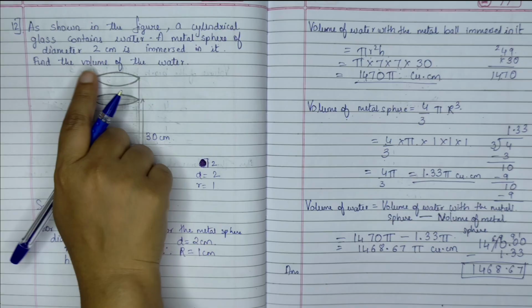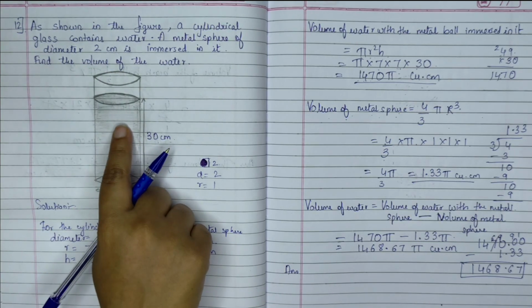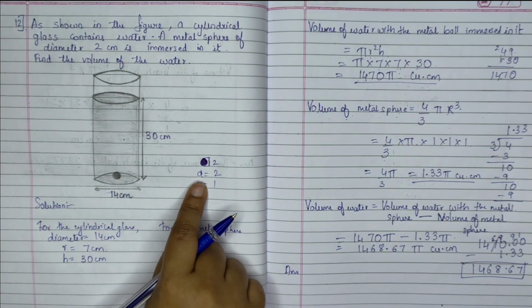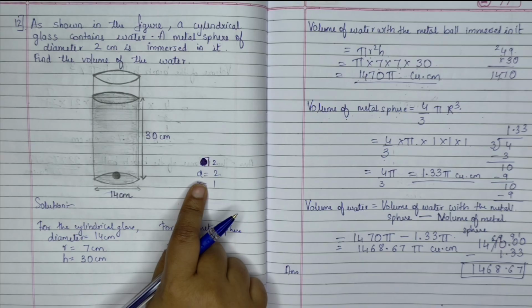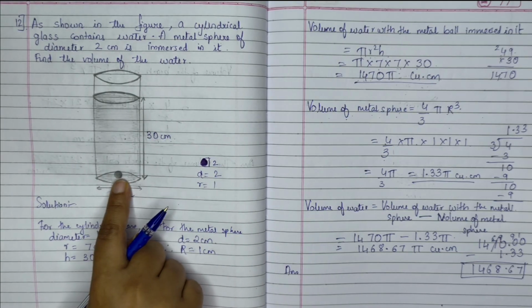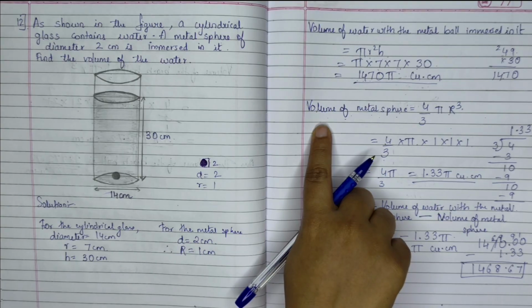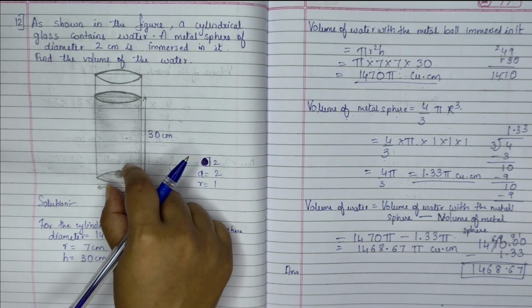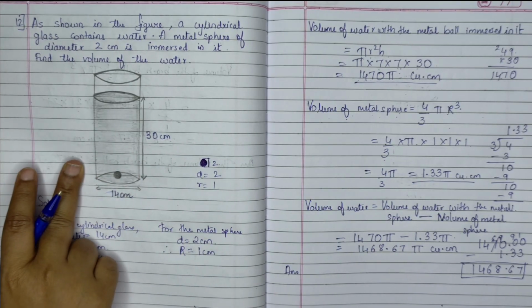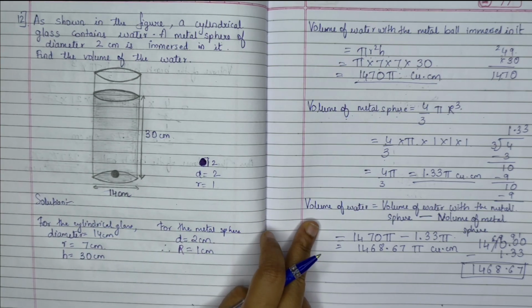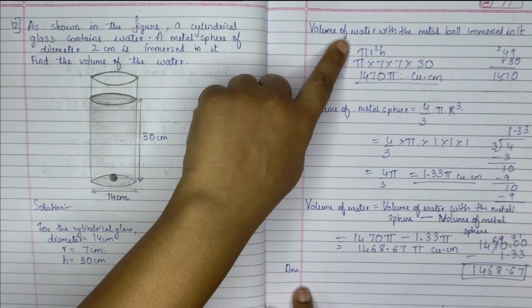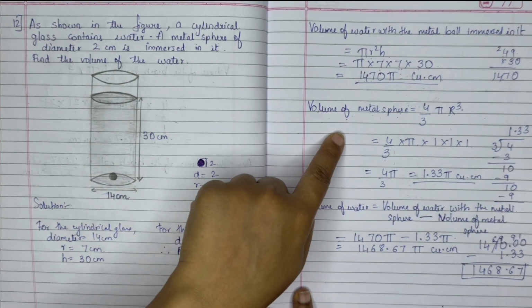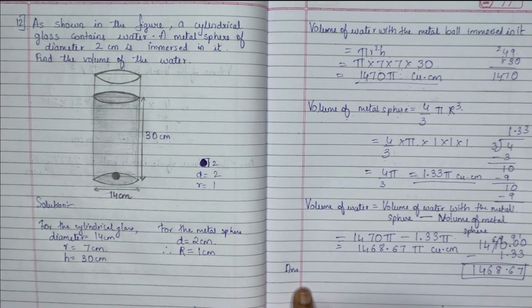We had to find only the volume of water, and we got it by removing the metal ball. We first found the volume of water with the metal ball immersed in it, and then the volume of the metal sphere. Volume of water with the metal ball minus volume of the metal sphere means we removed the metal sphere.